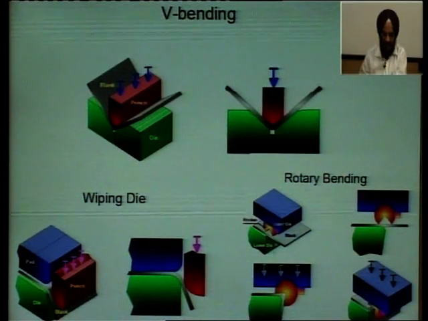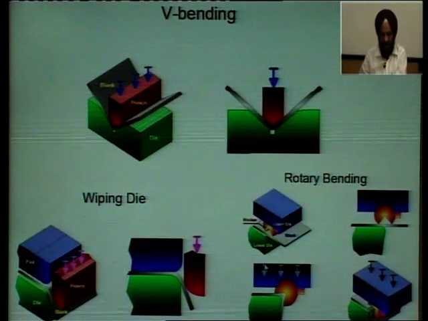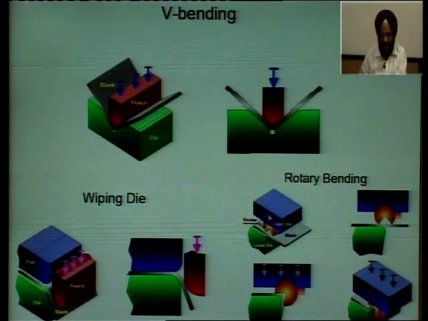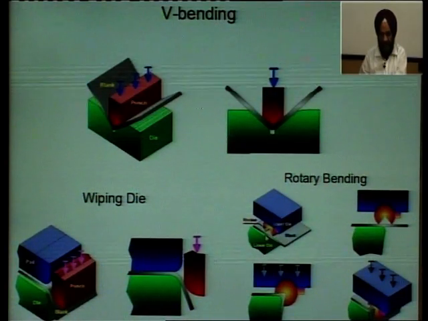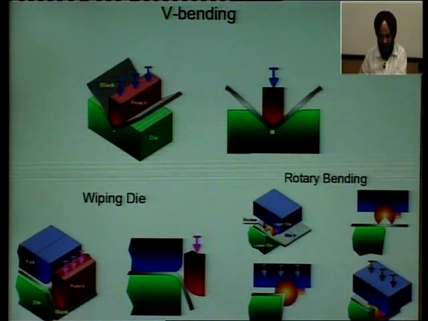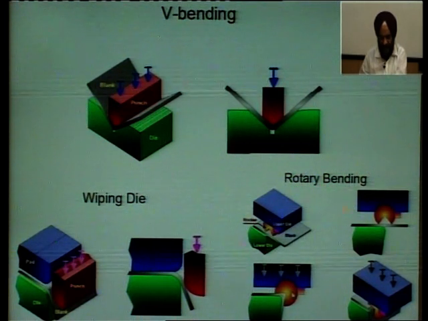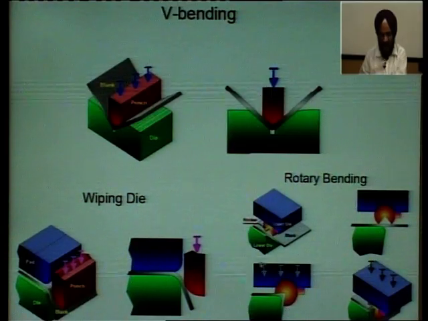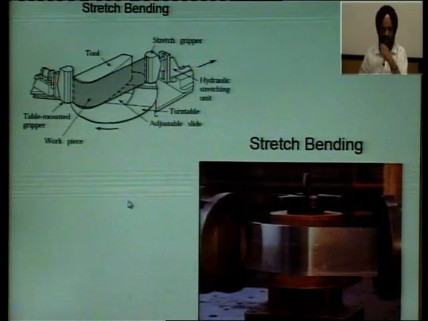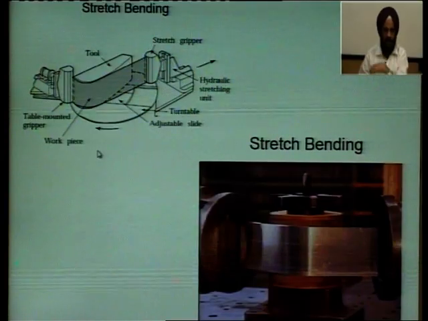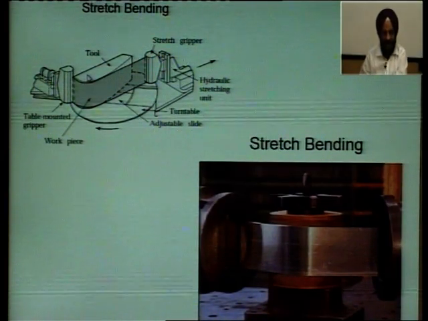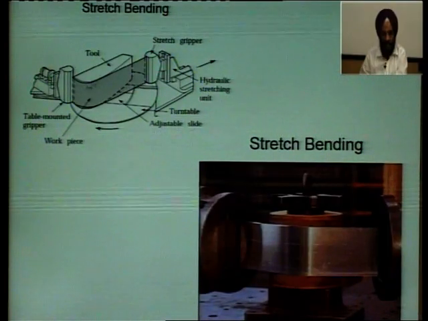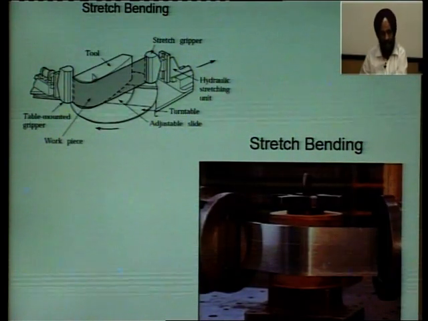Then you can have a rotary bending, that means this is the raw material, this is the upper die and this is the lower die, this is the ratchet. As you move this die, this ratchet comes down and it takes the shape like this and it bends the raw material. This is stretch bending, where you pull it from both the sides around a tool, the shape you want, what type of bending you want.